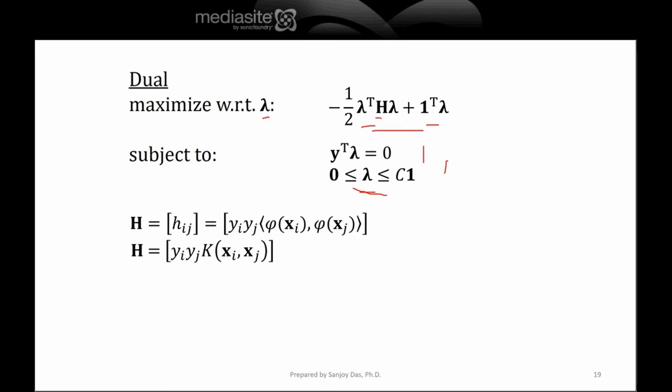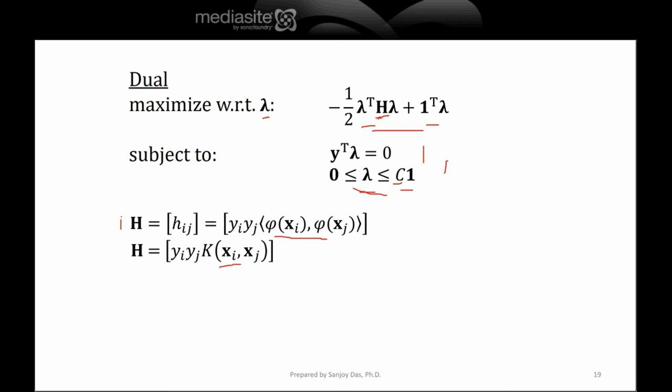That's the only difference between the soft margin hyperplane and the hard margin hyperplane. In the soft margin hyperplane, we have a constant C. In the hard margin hyperplane, C is simply equal to infinity. The only place where we need H later on is here, and all we need is phi(xi), phi(xj) if we do the transformation, and that's equal to this.